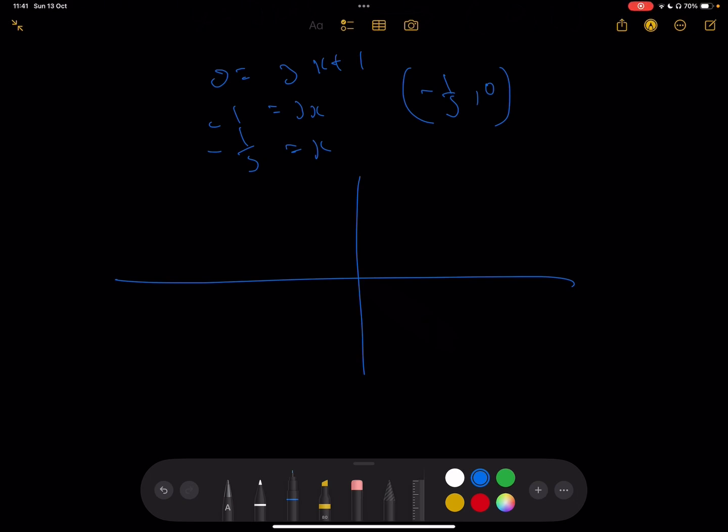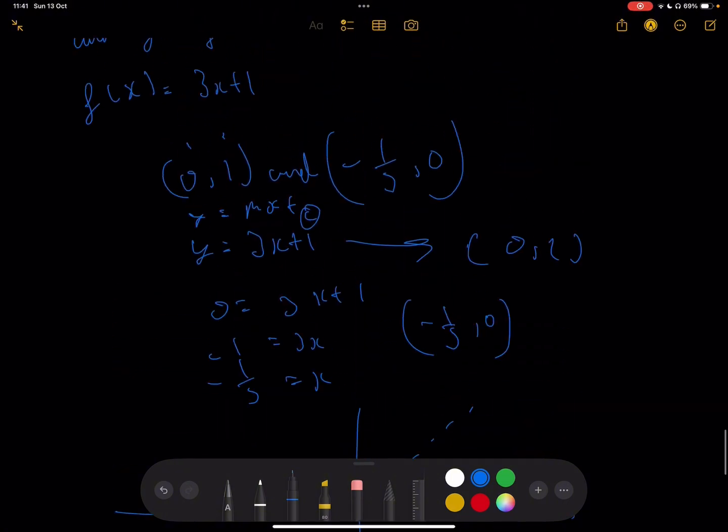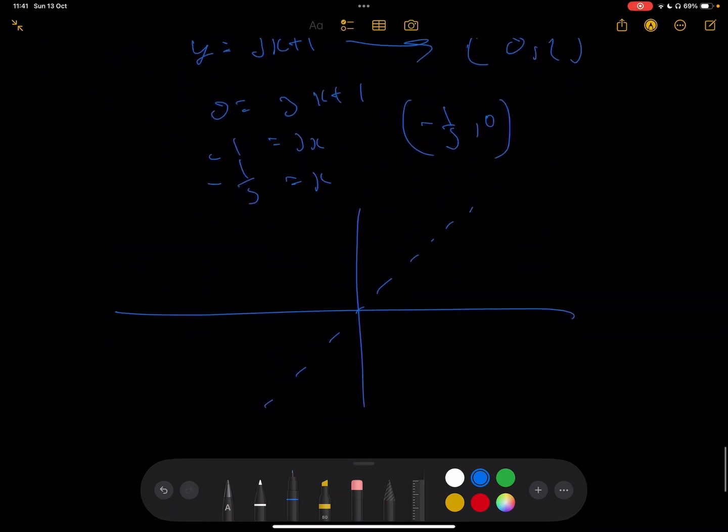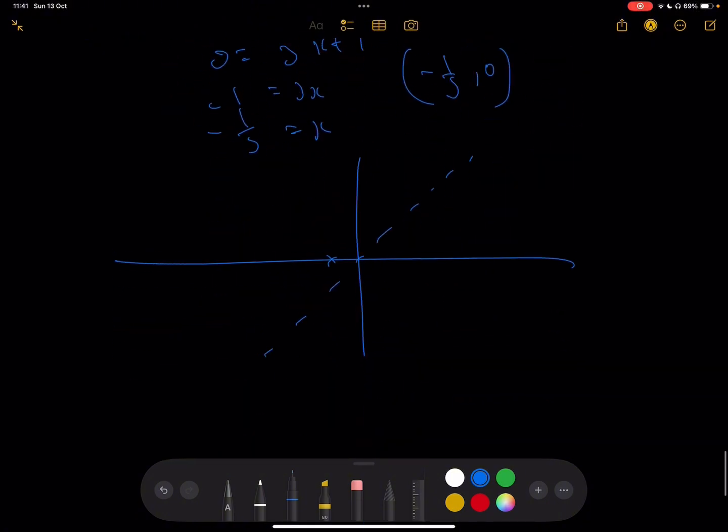So y is equal to f of x. Let's do that one first. But first, you have to draw the identity function y is equal to x. So we can see that f of x intercepts at negative 1 over 3, 0. That's about here. And we know that its y-intercept is 0, 1.